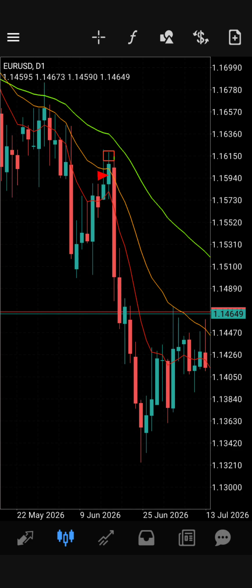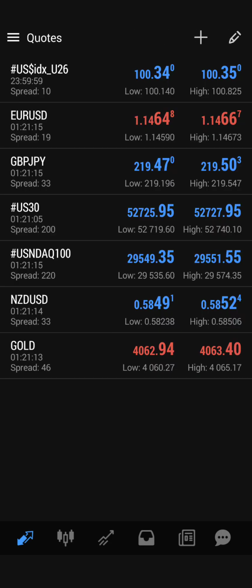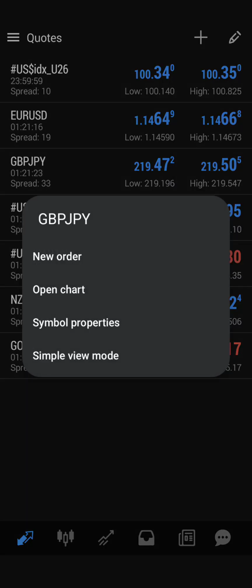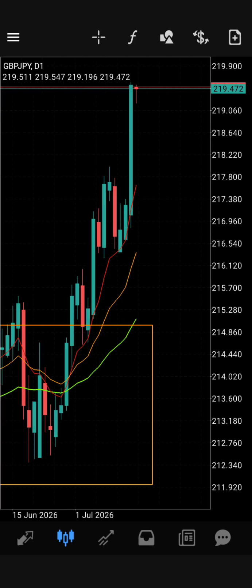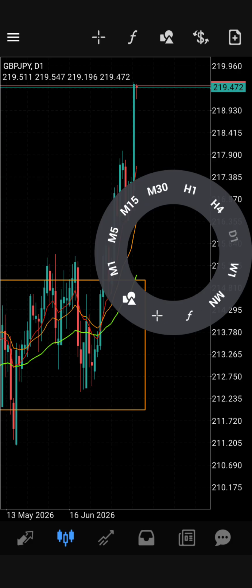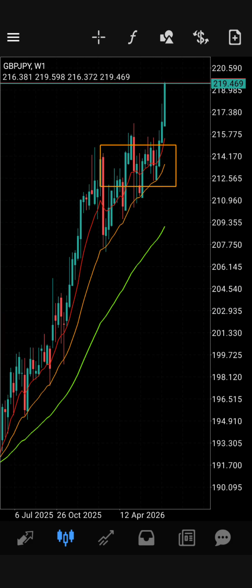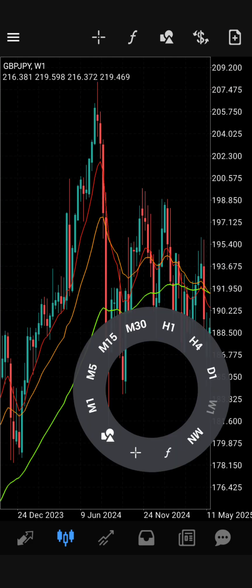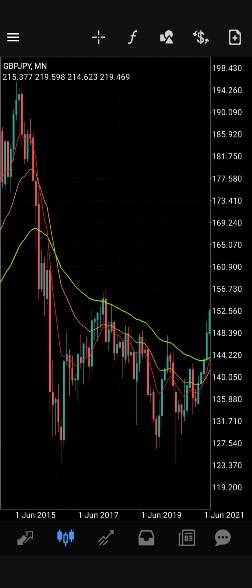So let's look at other pairs and actually try to implement this very same strategy. Now let's go to GBP JPY, pound yen, and let's see if the same rules apply. Let's start on the weekly, monthly.